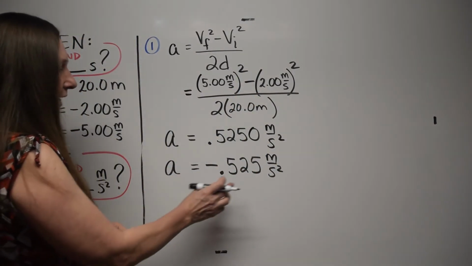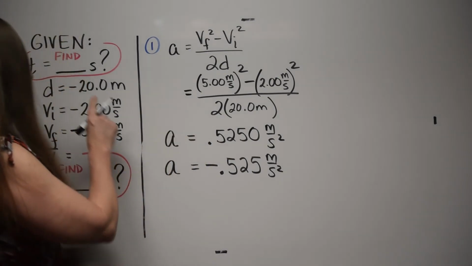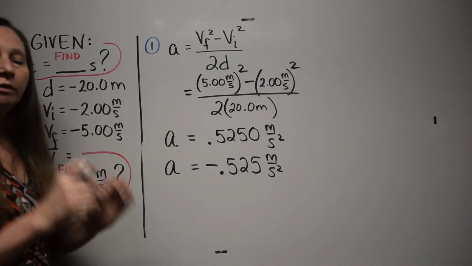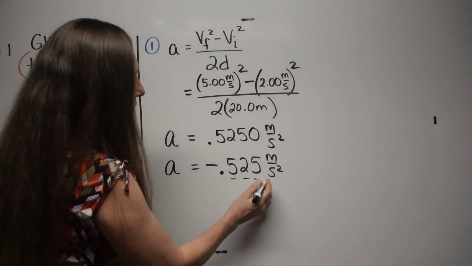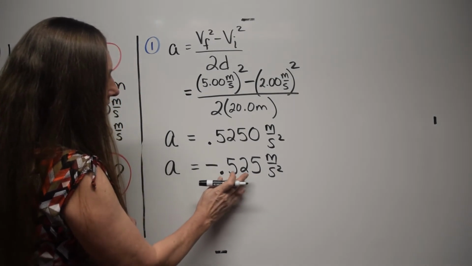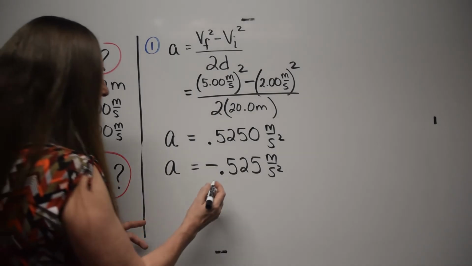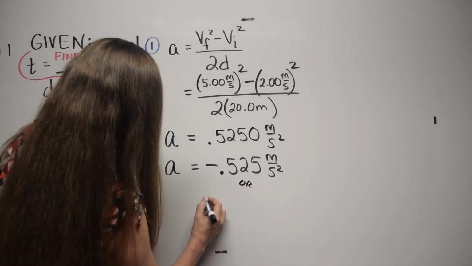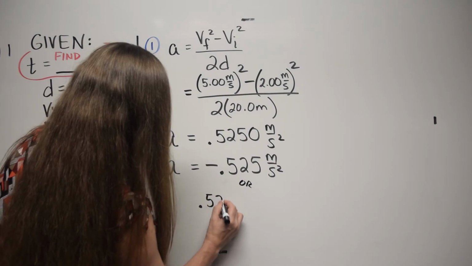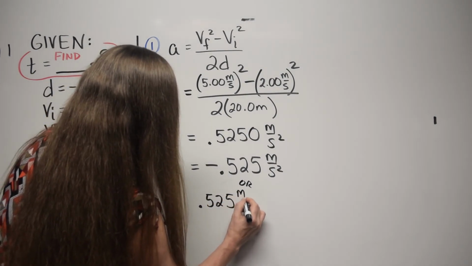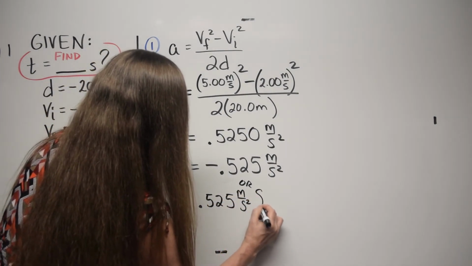If you want to report it as an answer, you round to 3 significant figures. So our answer is negative 0.525, or you could say 0.525 meters per second squared south.